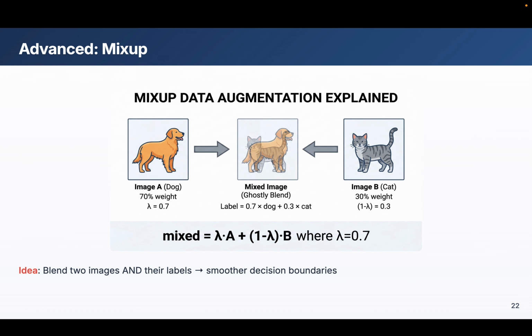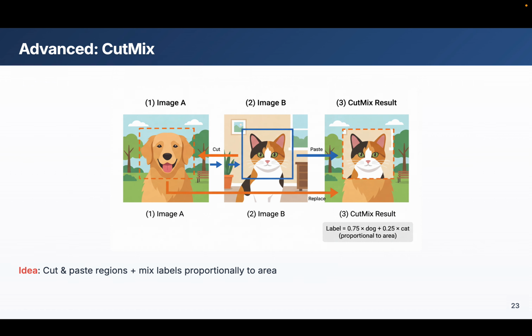The ideas will keep getting weird now. You take an image of a dog on the left, you take the image of a cat, and you cut the head of the cat and put it on the body of the dog. This is called cutmix. Now the label in this is in proportion to the area.